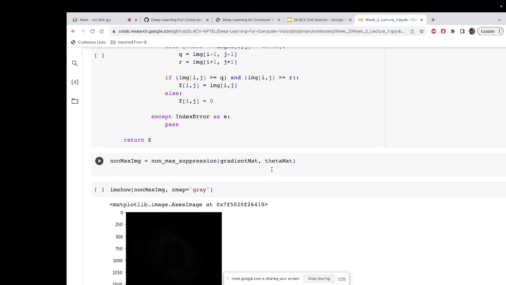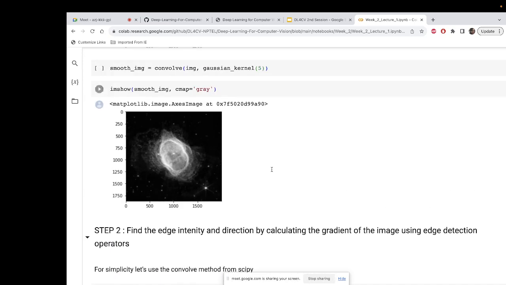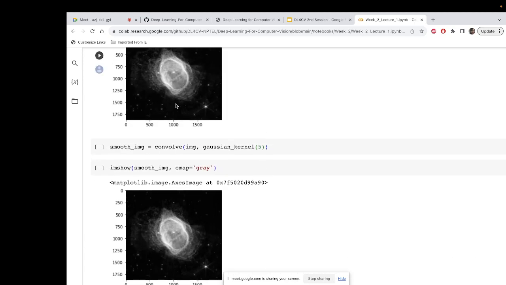So understand this, that if we look at these two images, because I have convolved my image with the Gaussian kernel, my image has become a lot blurrier. So now the edges that I will try to detect will not be as sharp as this one, right.